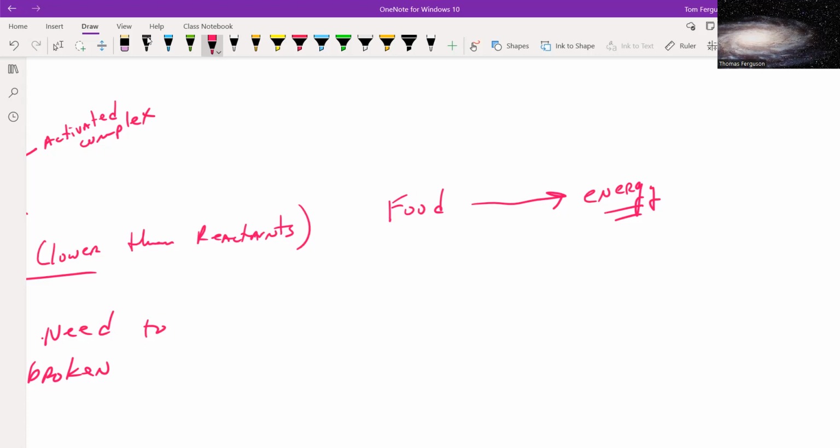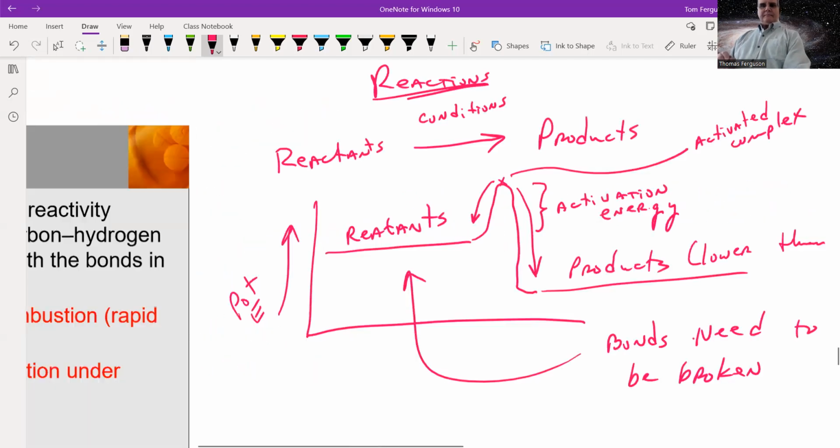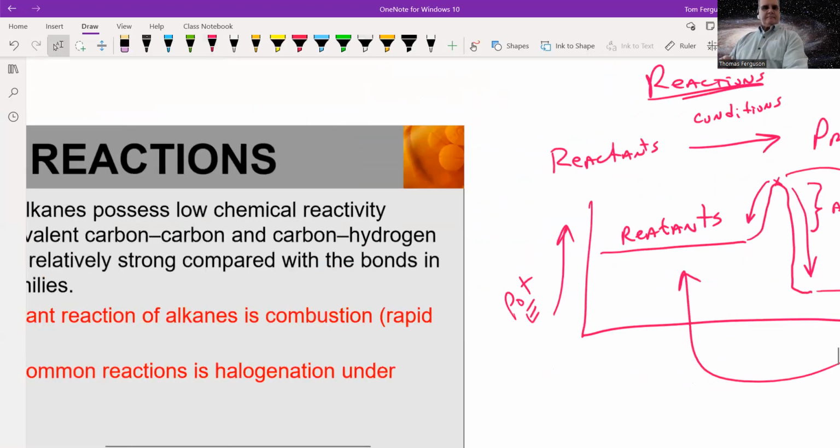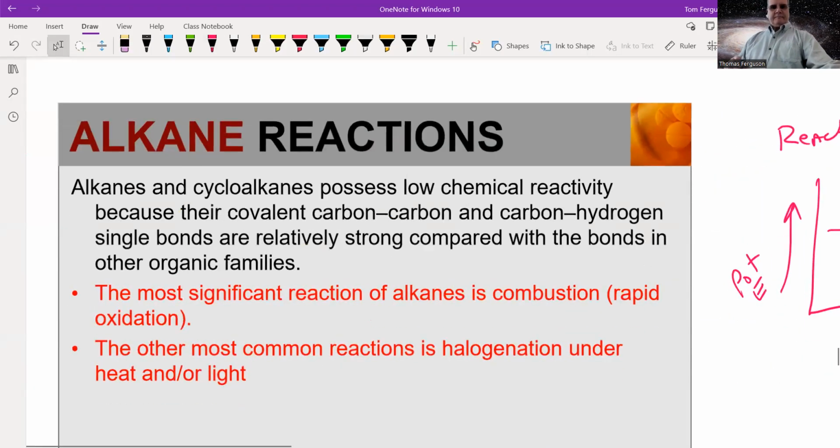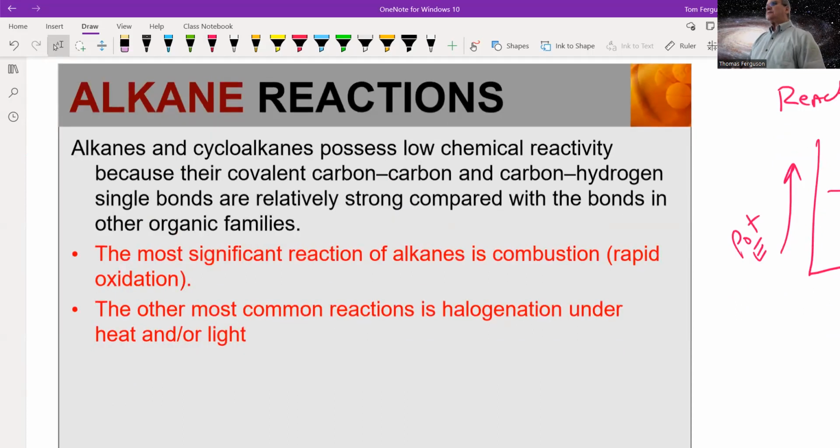And it's done via catalyst, organic catalysts or enzymes. Okay, so for alkanes, there are two reactions. One's combustion, and the other is halogenation.